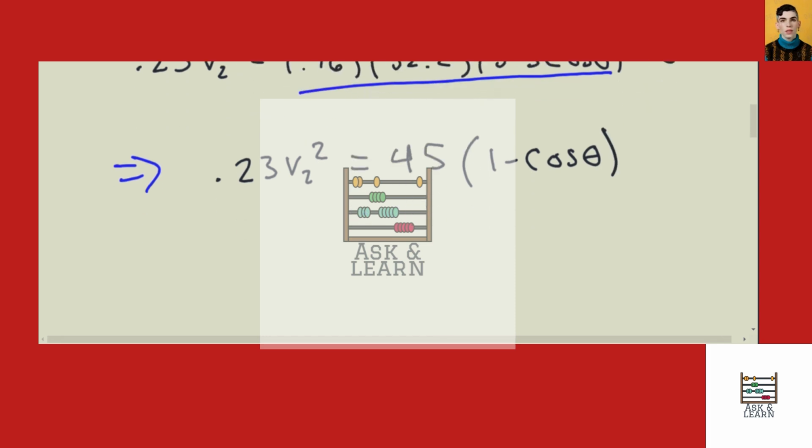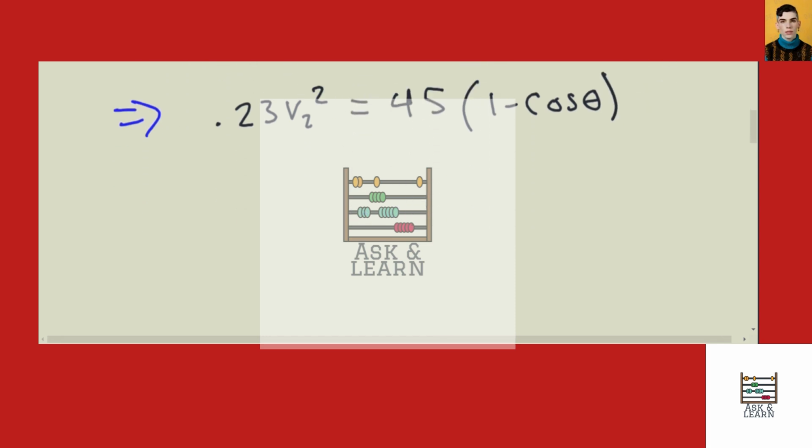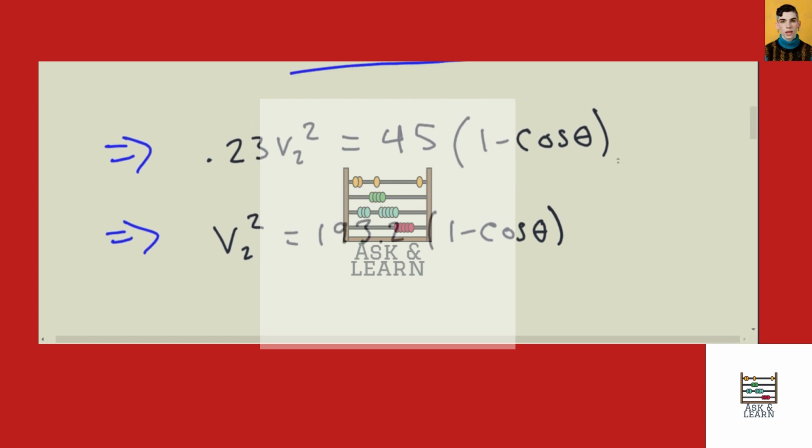Now we divide by 0.23. So we get v2 squared is equal to 193.2 times 1 minus cosine theta. So now this v squared we can finally plug back in to our very first equation.